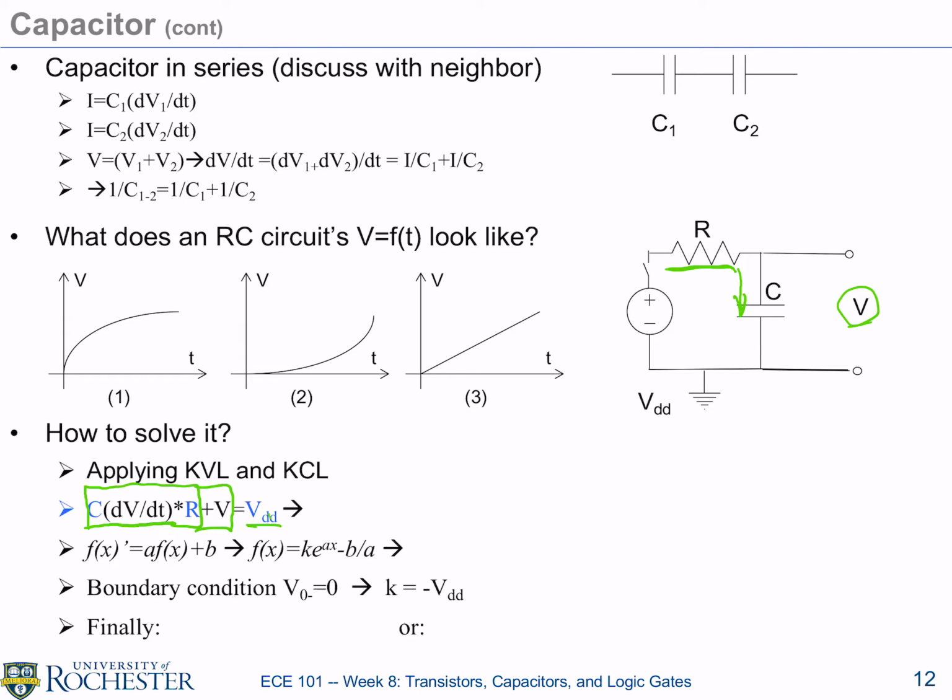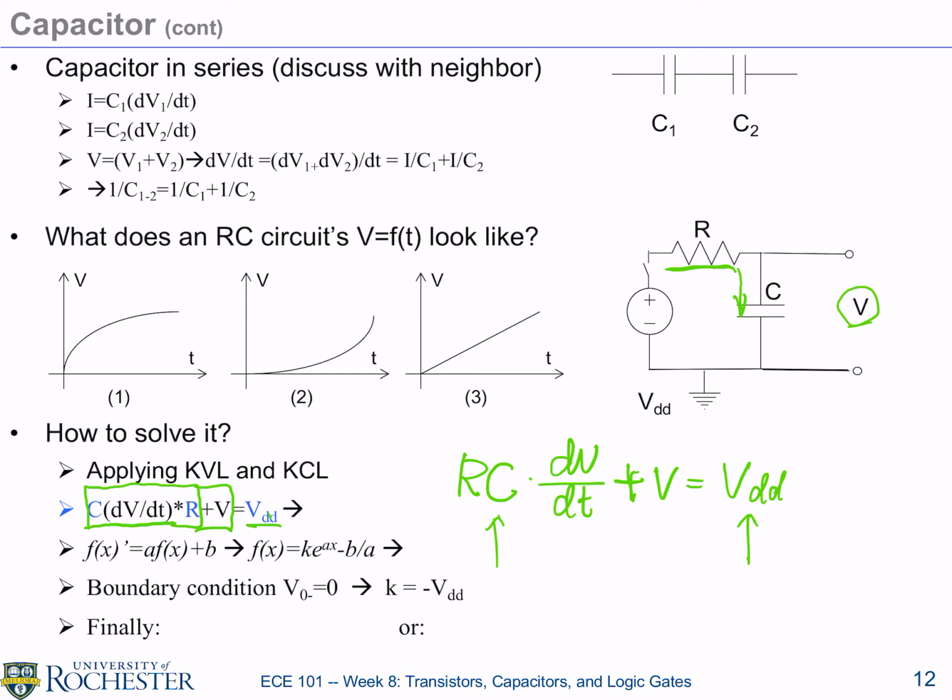Which is a constant. So if we put them together, it's really R times C times dV dt plus V equals some constant VDD. Okay, so this is a constant, this is a constant, and the rest is a differential equation of V. And here we want you to use your intuition.